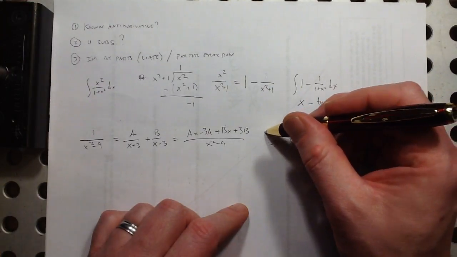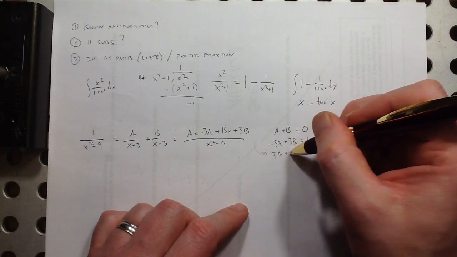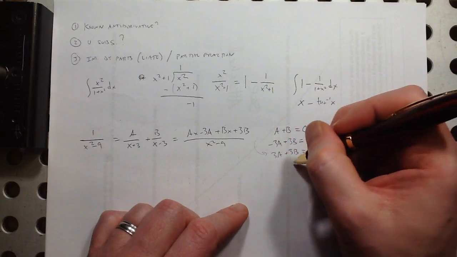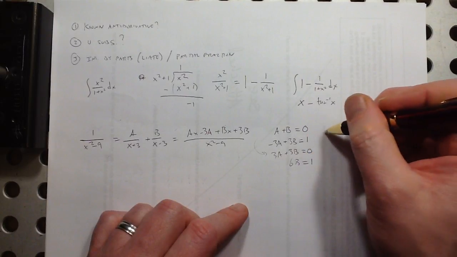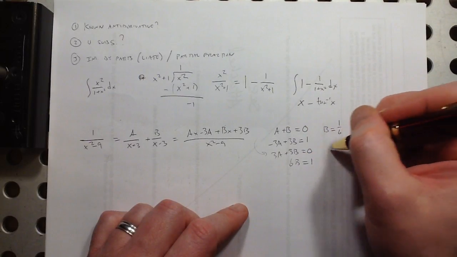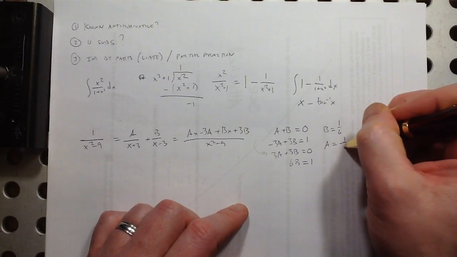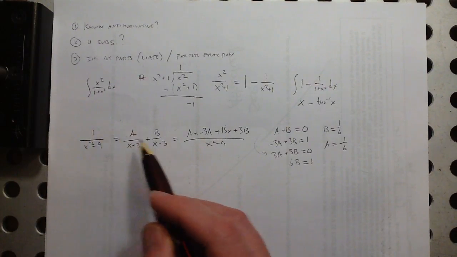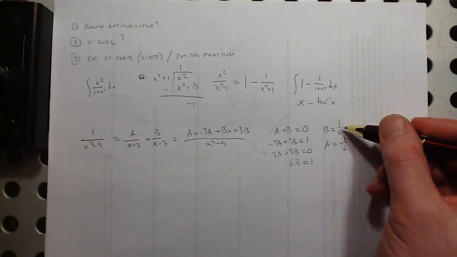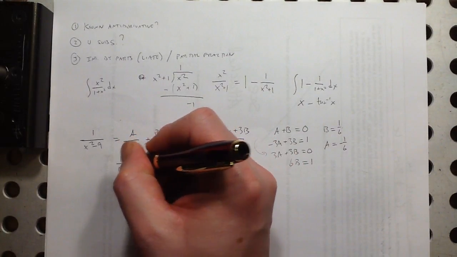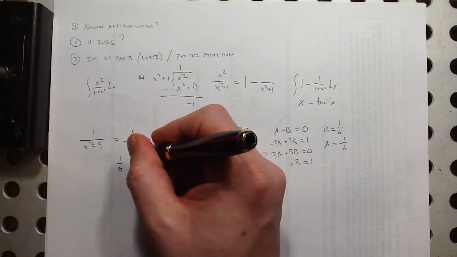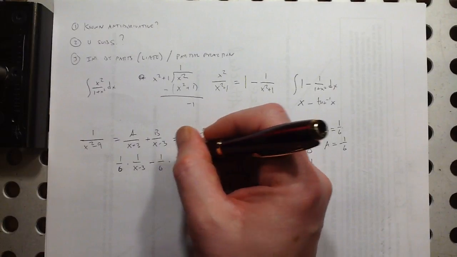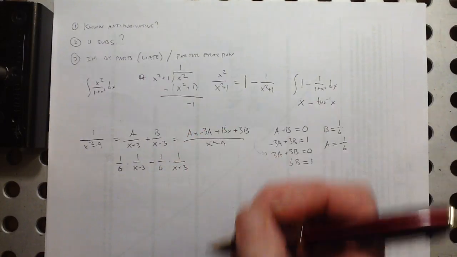So if I multiply this top equation by 3 so that I can do elimination, then those cancel. I get 6b is equal to 1, so b is equal to 1/6, so a must be equal to negative 1/6. Which means that this, I'm going to switch, I like to put the positive one first. So b, that means 1/6 times 1 over x minus 3, I'm putting that one first because it's positive, minus 1/6 times 1 over x plus 3.